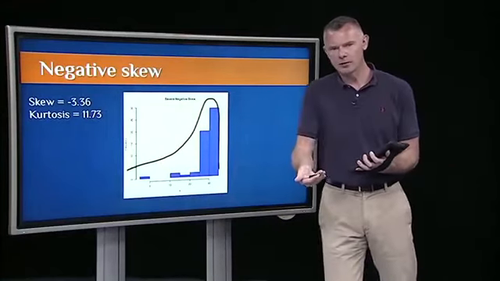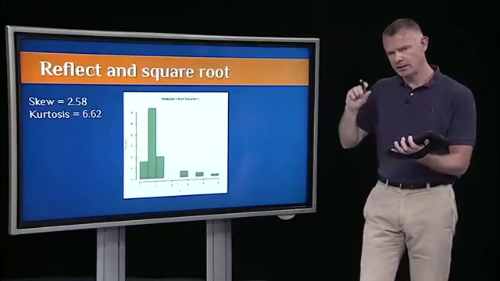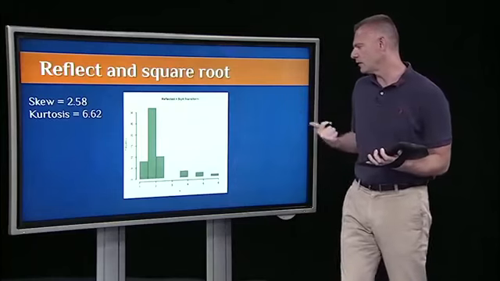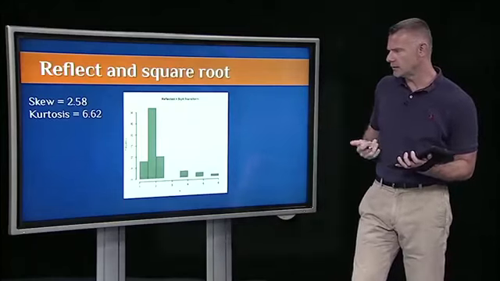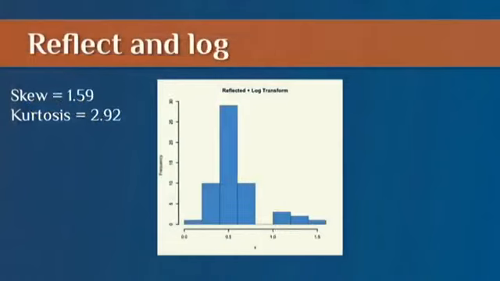So let me apply a transformation and see if that can help. So I did the reflection and a square root transformation, and you'll see you got a skew value now below 3. If I do reflect and log, that does even better. That brings me down to a skew value of 1.59.